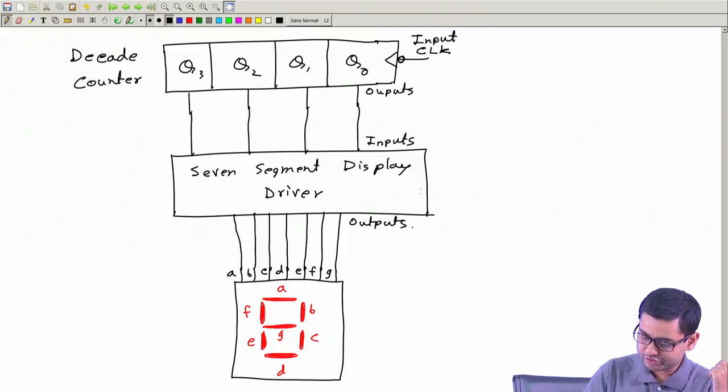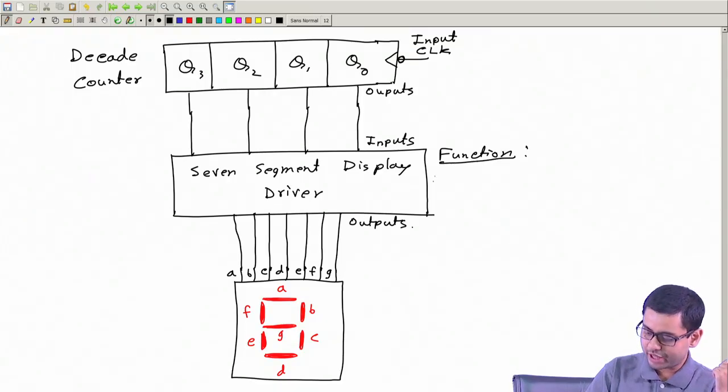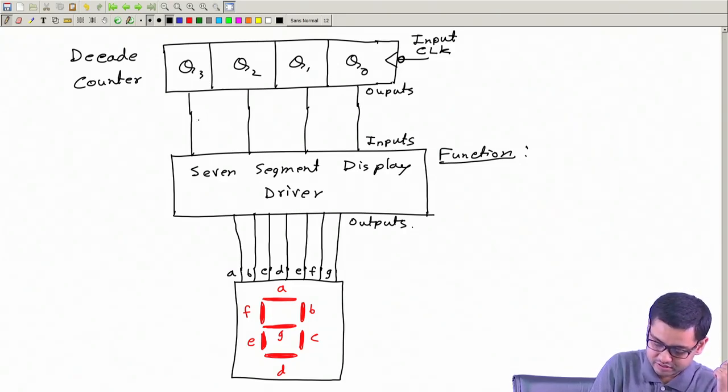What is the function of this driver? The function of this driver is to watch these 4 values and understand what is the decimal equivalent of these 4 values. Say if these 4 values are, for example, 0, 1, 0, 0.